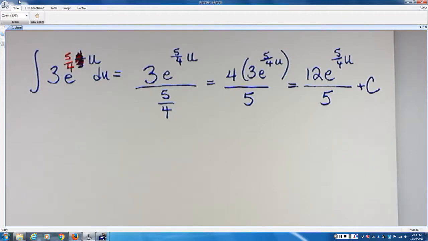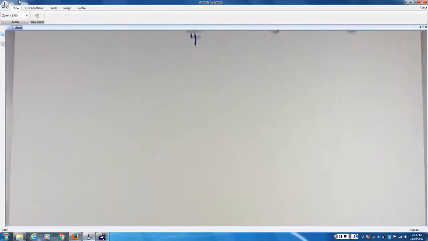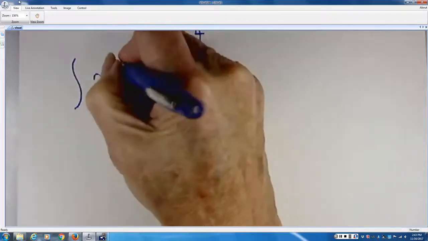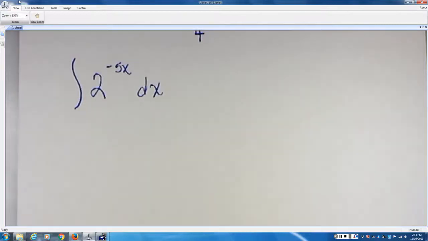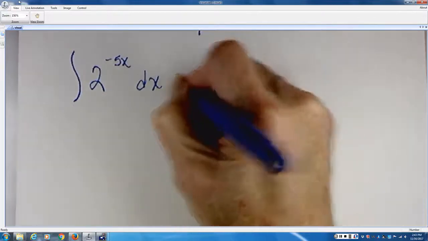And then the next one we've got is the integral of 2 to the negative 5x dx. So once again, the 2 is a hitchhiker.